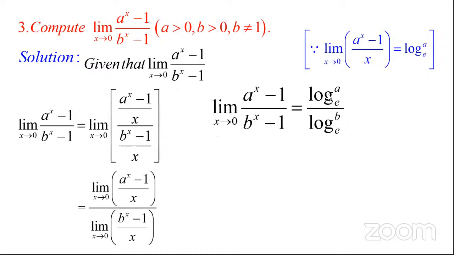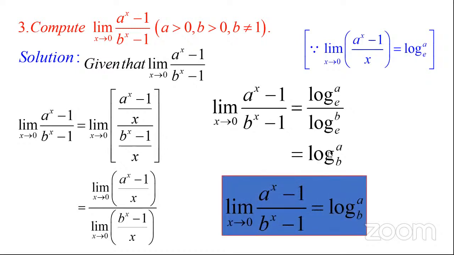From that I can write this value as log a to the base e by log b to the base e, which can be written as log a to the base b. So this is the answer. Observe this one: we just have to transform into the required formula and apply that formula, and we will get the answer. This is a very short answer.